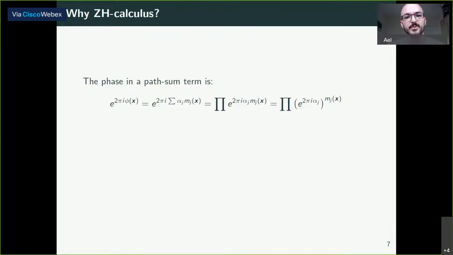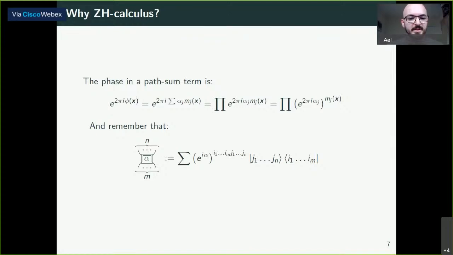And if you remember the previous slides, you know that an H box is actually the same expression. So this is a complex number to the power of certain variables, and those variables are the inputs and the outputs of the H box. So it is precisely what we want to use to picture the phase of a path sum.